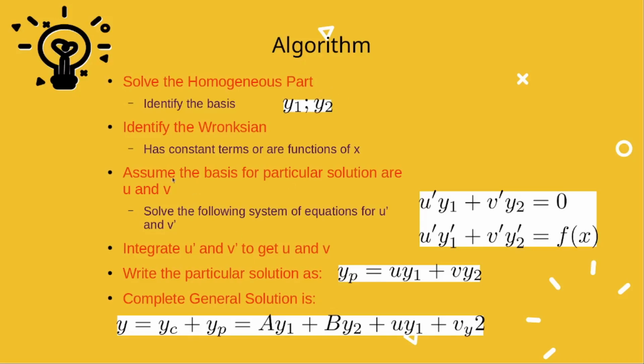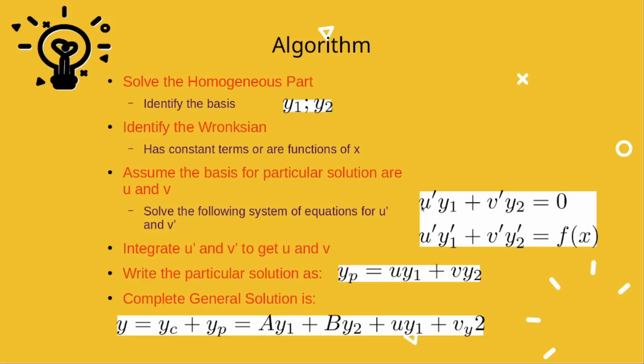And then once we have the Wronskian and we have the basis of the homogeneous part of our equation, we are going to assume the basis for our particular solution to be u and v. And we make use of two equations to solve for them.